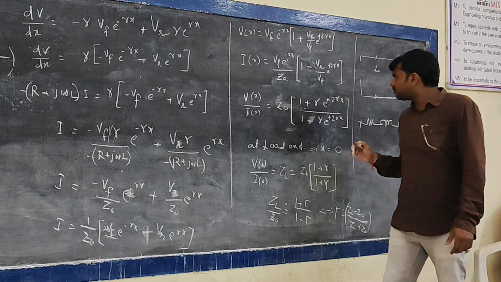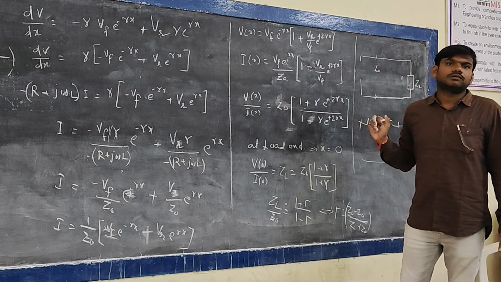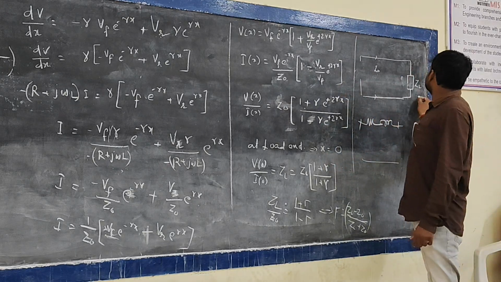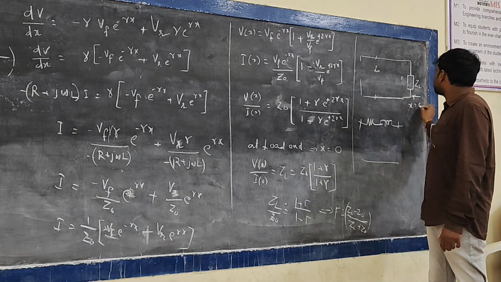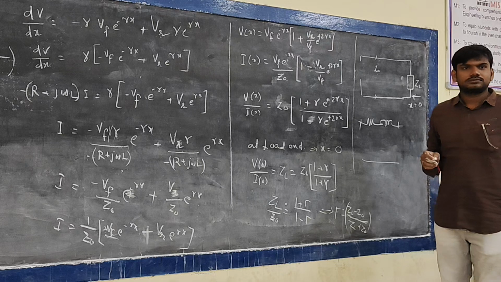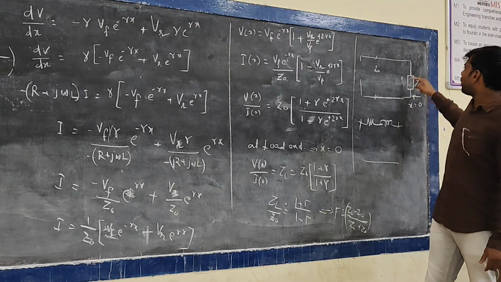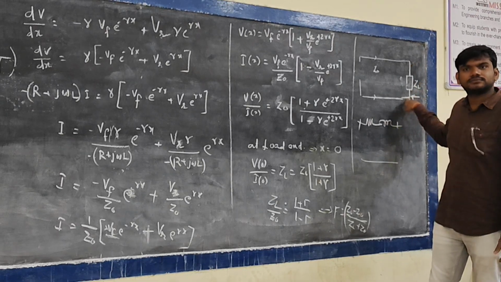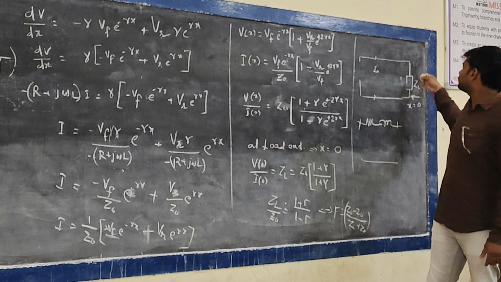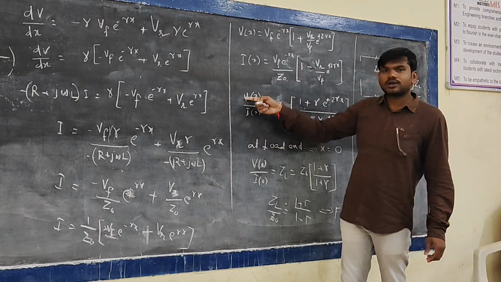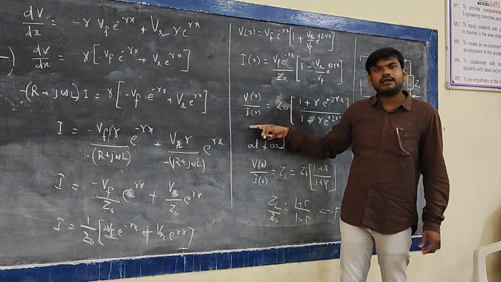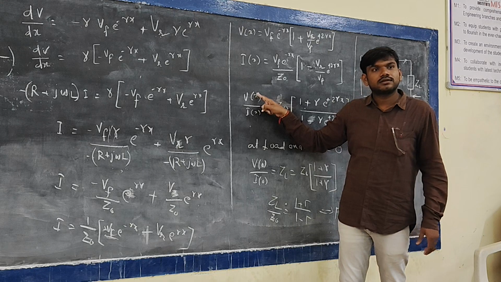If I consider from the load end, means if I consider here, for this it is x equal to 0, or not? At x equal to 0, what is voltage by current? ZL only. See, what is this equation actually? This is the ratio of voltage to current at any distance x.